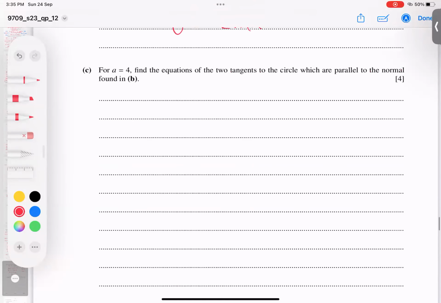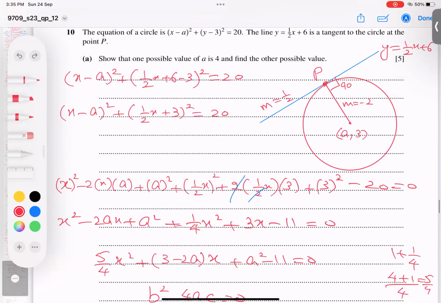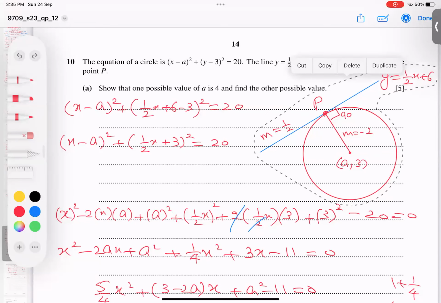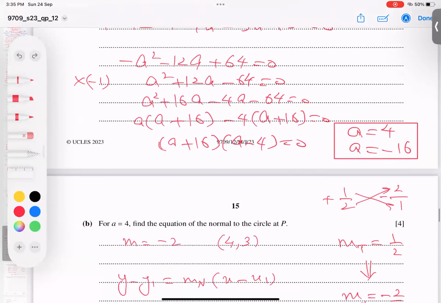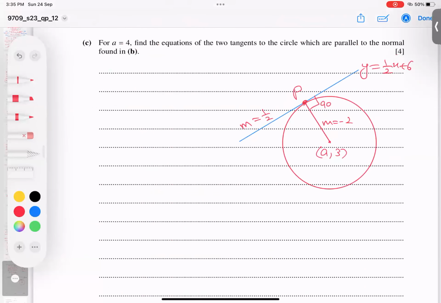For a value 4, find the equations of the two tangents of the circle which are parallel to the normal. Very interesting. Parallel to the normal. So let's start. I think I have to copy and paste this diagram from here. Okay, copy, and I'm drawing it here because the diagram is very important to understand.